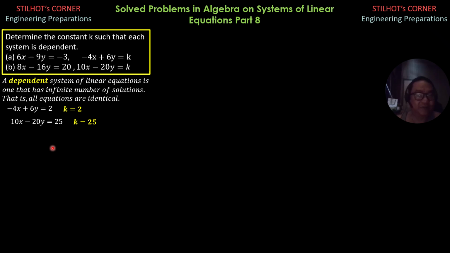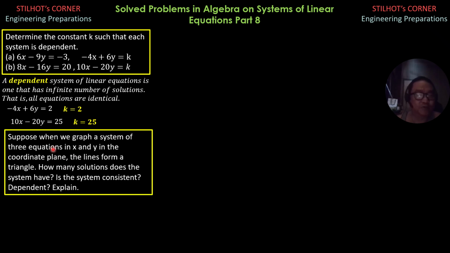Next, we proceed to the second problem. Suppose when we graph a system of three equations in x and y in the coordinate plane, the lines form a triangle. How many solutions does the system have? Is the system consistent, dependent? Then explain.